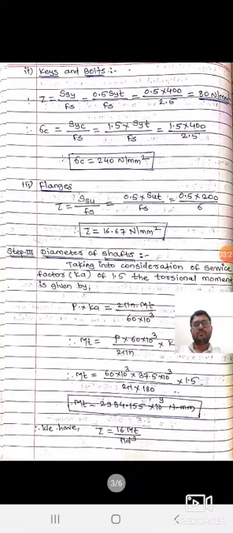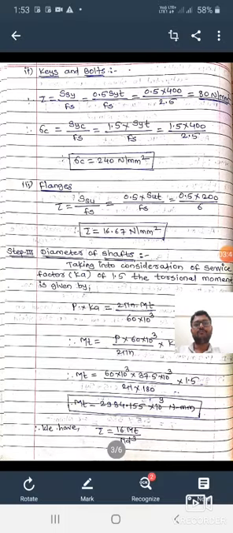Next is keys and bolts. For keys and bolts, shear stress tau equal to SSY, yield strength in shear, upon factor of safety, that is 0.5 times tensile yield strength upon factor of safety, equal to 0.5 into 400 upon 2.5, that is equal to 80 Newton per mm square.